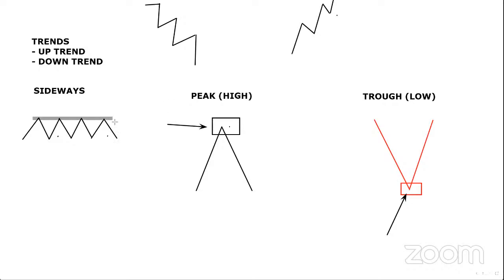See? Just like this. So a series of peaks and troughs that are going downwards, a series of peaks and troughs that are going upwards, and sideways is simply when peaks and troughs, I mean, the rate of a currency pair is very close to a certain price.